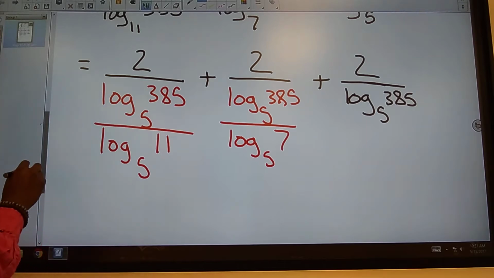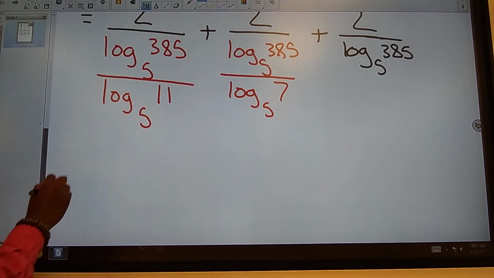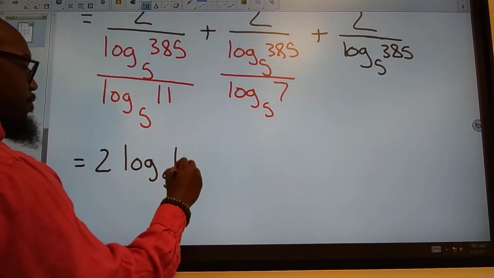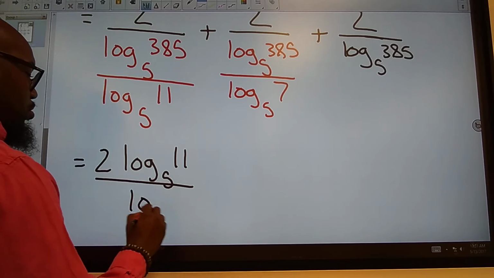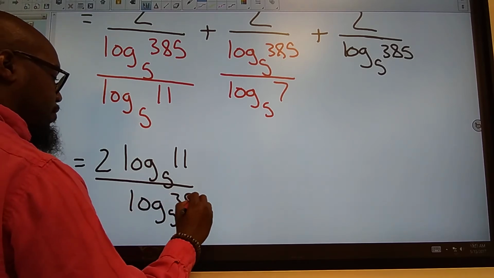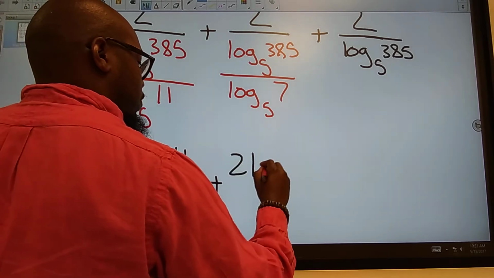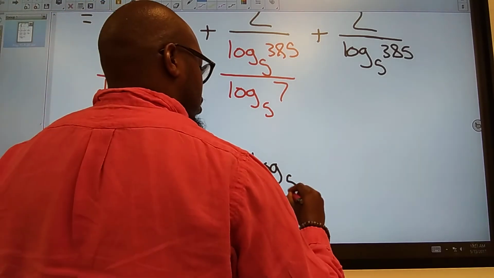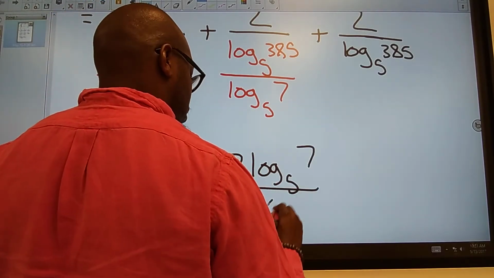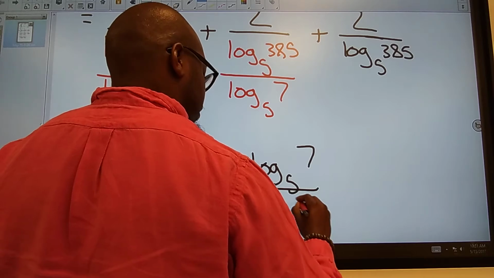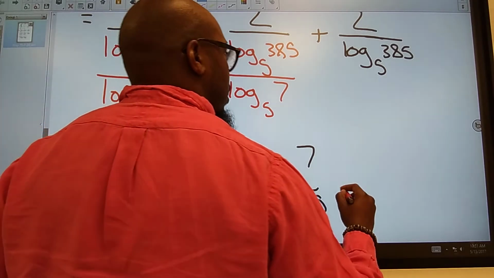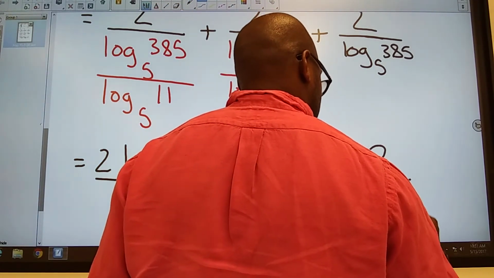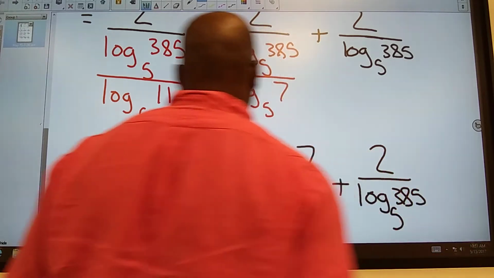So I'm going to write this as 2 times log base 5 of 11 over log base 5 of 385, plus 2 times log base 5 of 7 over log base 5 of 385. And then, like I said, this one stays the same, plus 2 over log base 5 of 385. Okay.